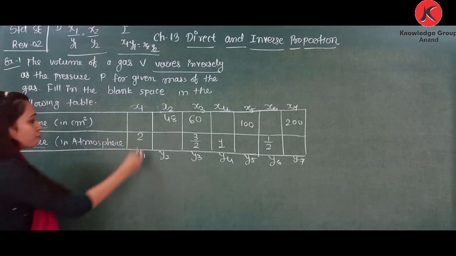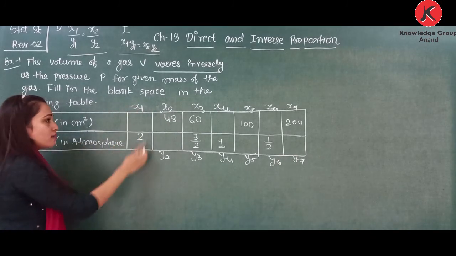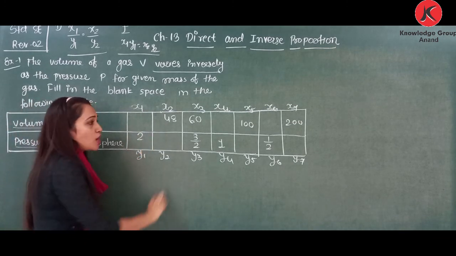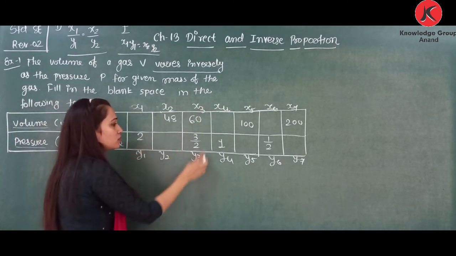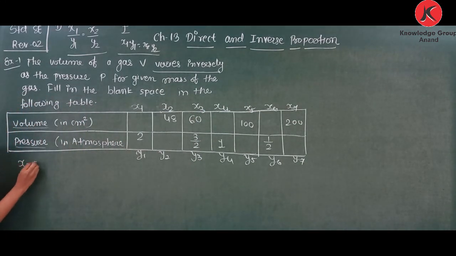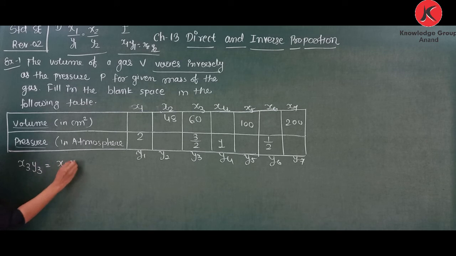Now for the first, x1 and y1, x1 is not given, so we need to find x1. For the second, y2 is not given. But for the third one, x3 and y3 both values are given. So we can write x3 y3 is equal to x1 y1 because it is in inverse proportion.